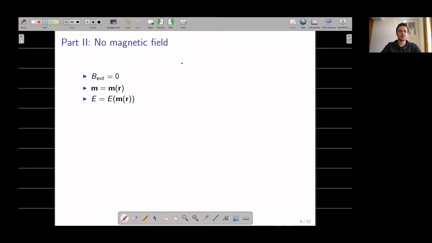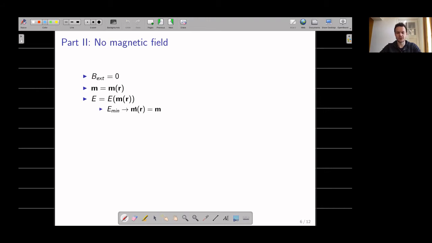In this part, we're going to be interested in the case where the external magnetic field is 0. We're going to look again at the magnetization, but this time the magnetization will not be uniform. We'll assume that it varies as a function of the coordinate, or its position in the ferromagnet, meaning that if the magnetization depends on r, then also the energy, being dependent on the magnetization, will depend on the space coordinate.